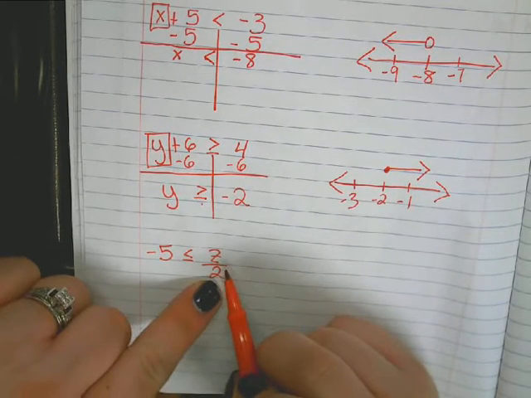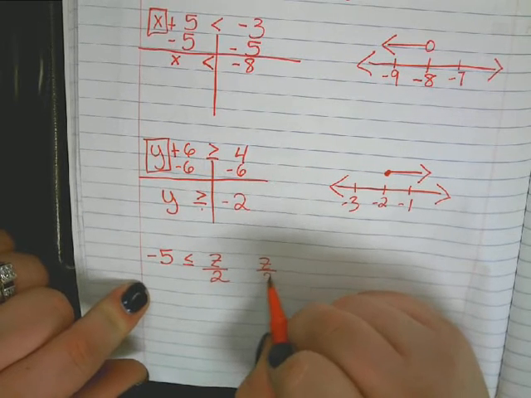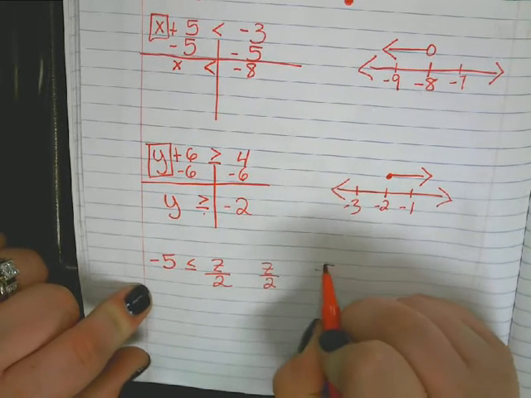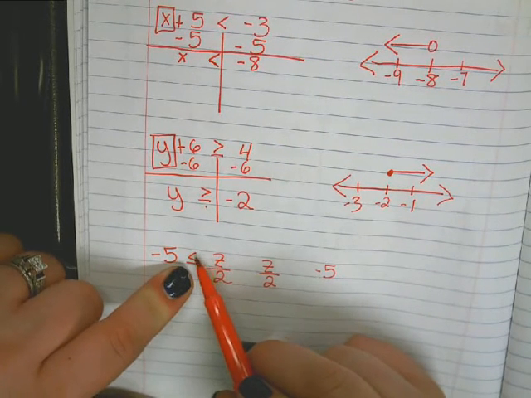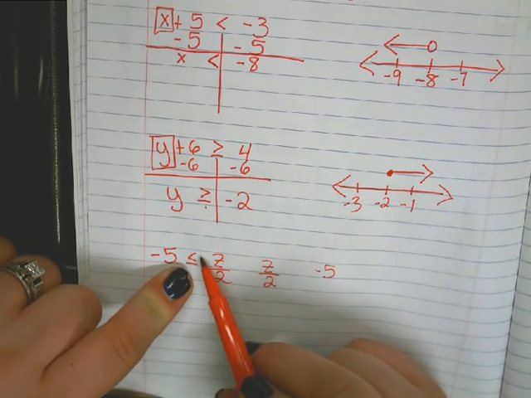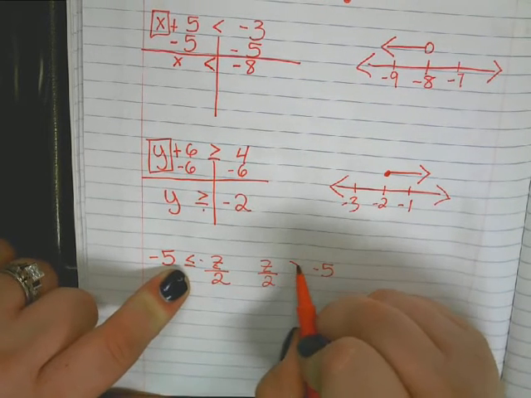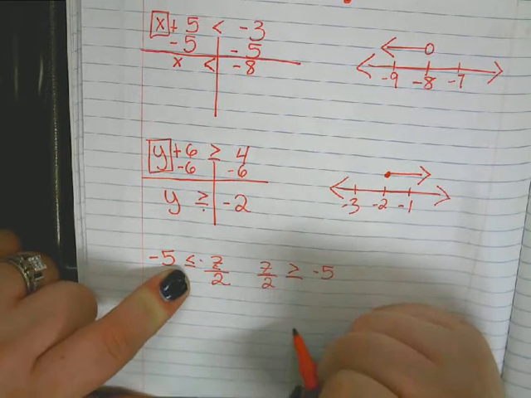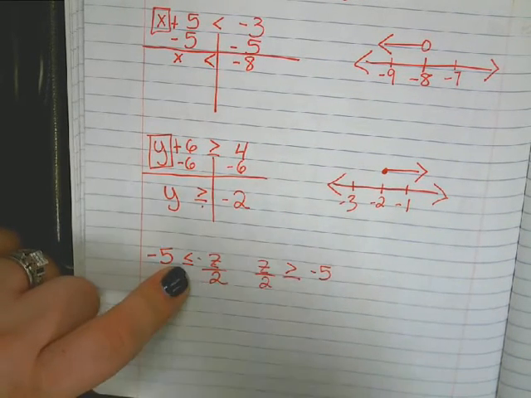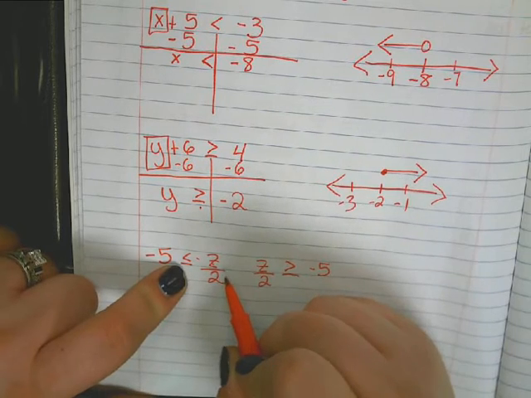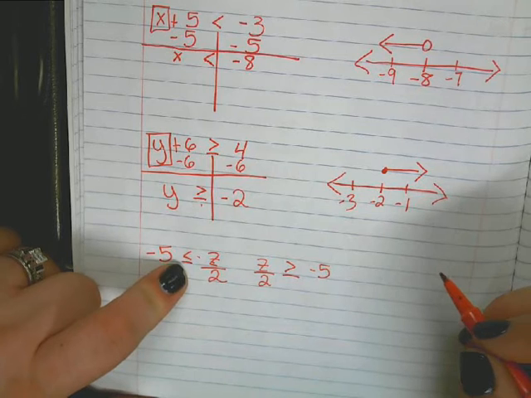So I'm going to rewrite it as z divided by 2, and my -5 is going on this side. Notice the open part of my symbol is pointing towards my z. That means I have to flip my sign so that the large part is still pointing towards that z. So if the letter's on the wrong side, you're going to have to flip it around and also switch your sign. Okay? Now I can solve.